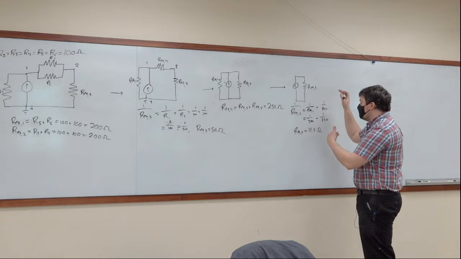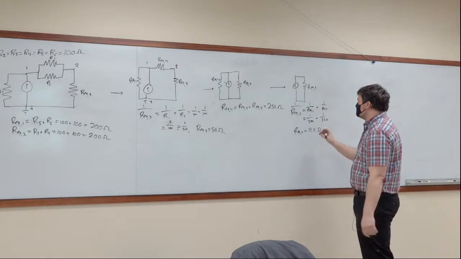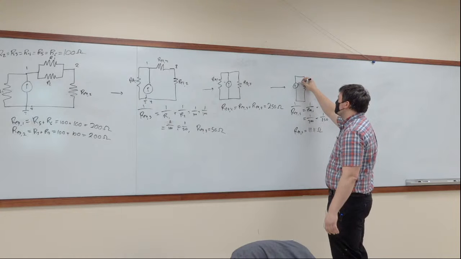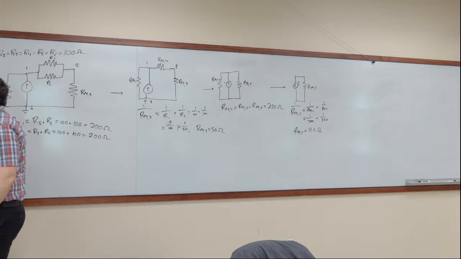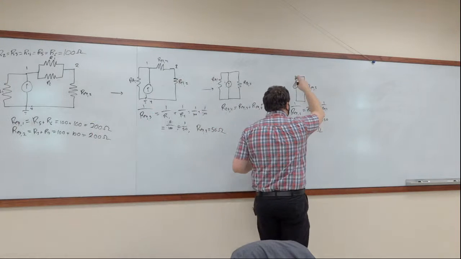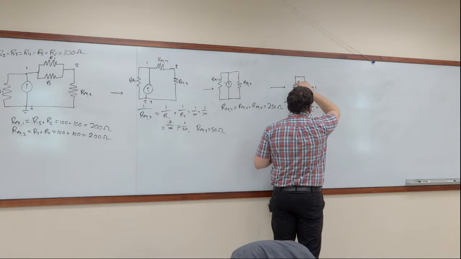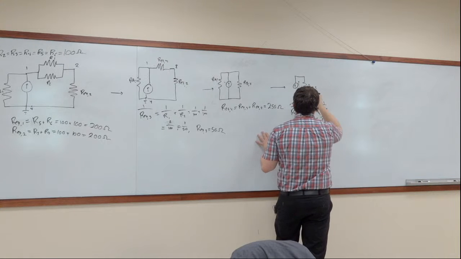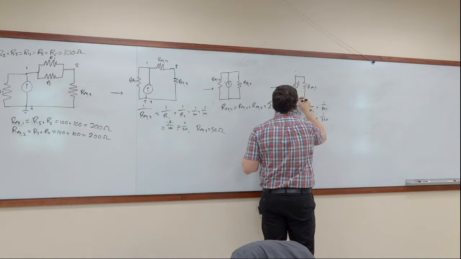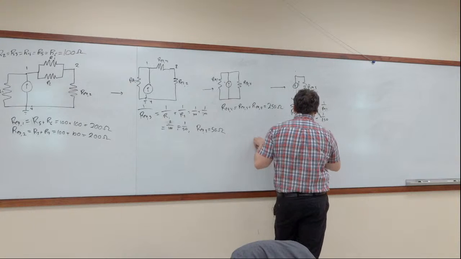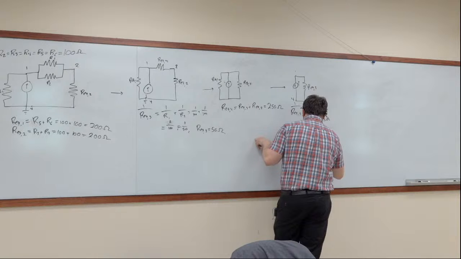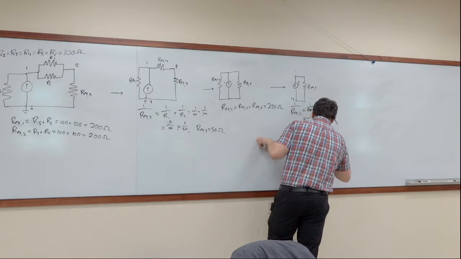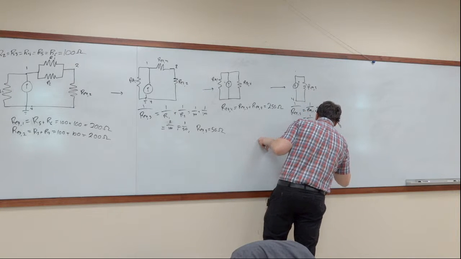All right, so what we can do in this situation is we can figure out, we know what the current source is, it's 0.1 amps. We know that there's only one resistor in this entire circuit, so we can figure out what the voltage is between 1 and 4, okay? So VREQ5 is equal to IREQ5 times REQ5.